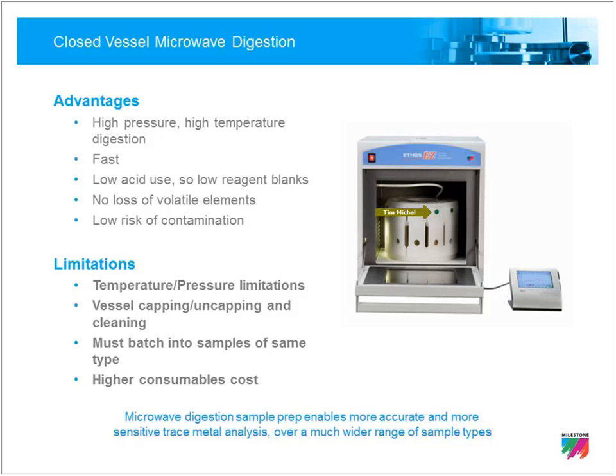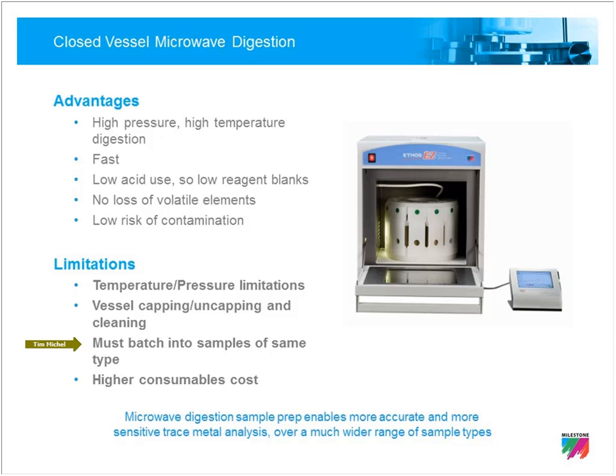There are some inherent limitations in these. One, you're doing your digestions in Teflon vessels, most notably, which have temperature and pressure limitations. There's also a fair amount of vessel handling that goes into using these vessels, capping and uncapping, and there's also 5, 6, 7 components to assembling and disassembling these vessels.